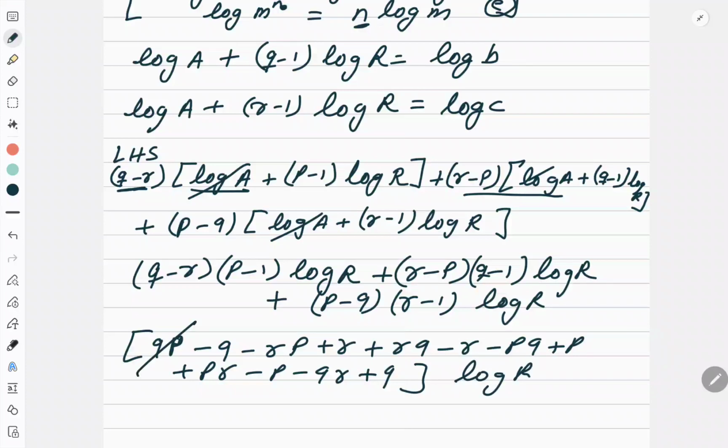PQ is there, look at minus PQ. Minus Q is there, search for plus Q. Minus P plus P. Minus RP plus PR. R minus R. 0. Hence proved. Correct? So we are done.